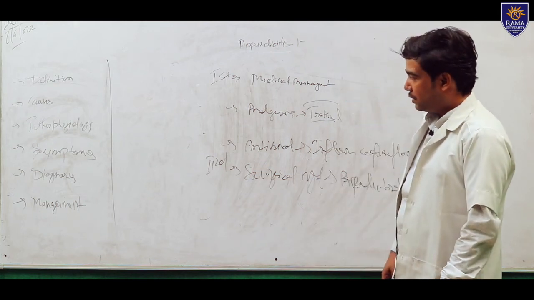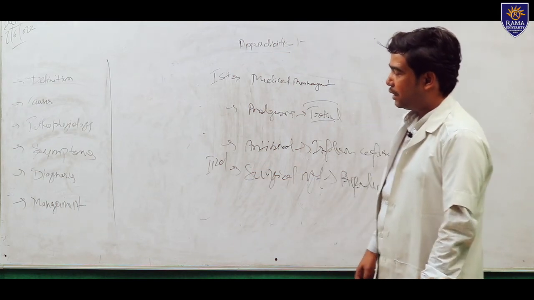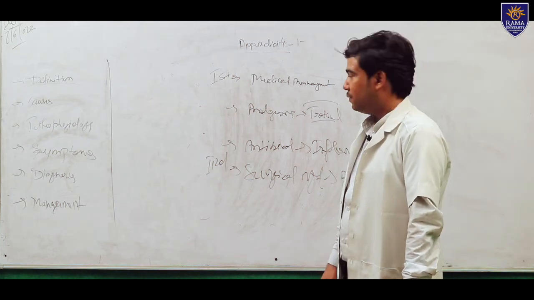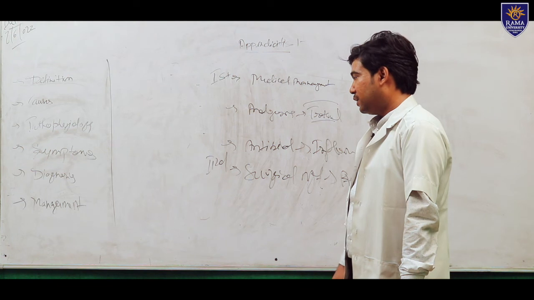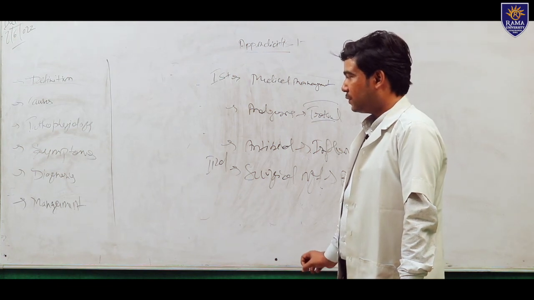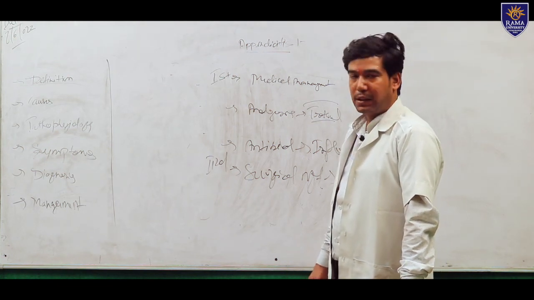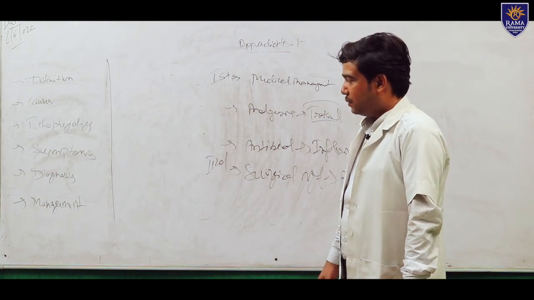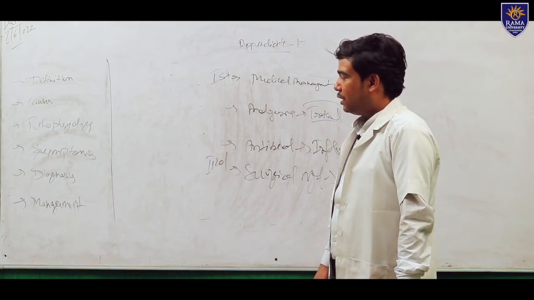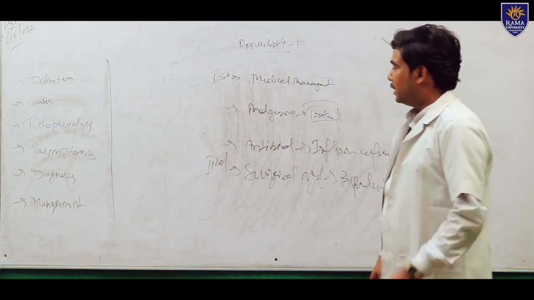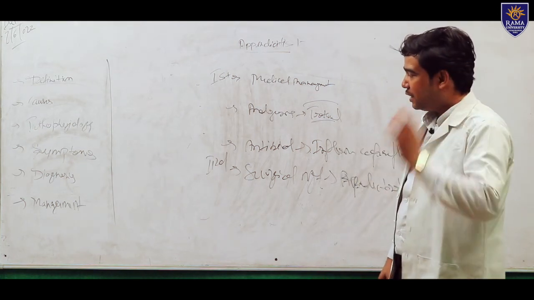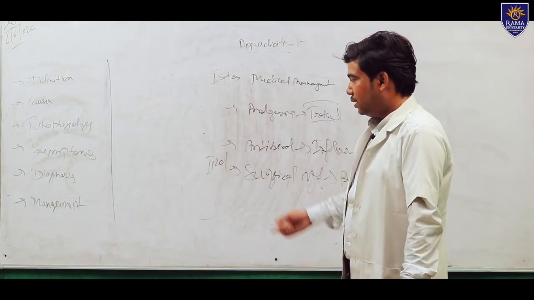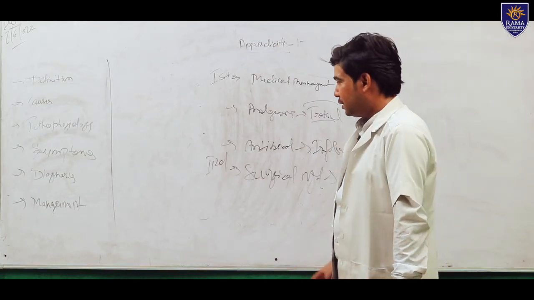Now the diagnosis: history collection and physical examination, and some other screening tests like CT scan, X-ray and USG. And the last is how to manage appendicitis. There are two types of management: first is medical management and second is surgical management.